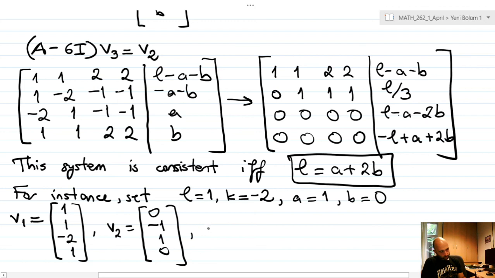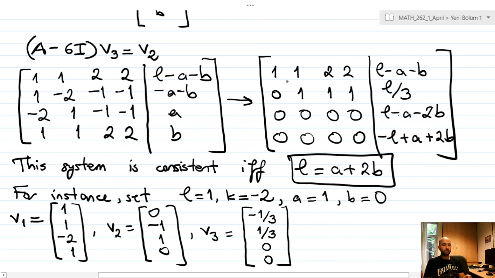So just pick one solution of this system for V3. Here is 1 minus 1/3, 1/3, 0, and 0. You could check that this system that we have here is satisfied for this V3.